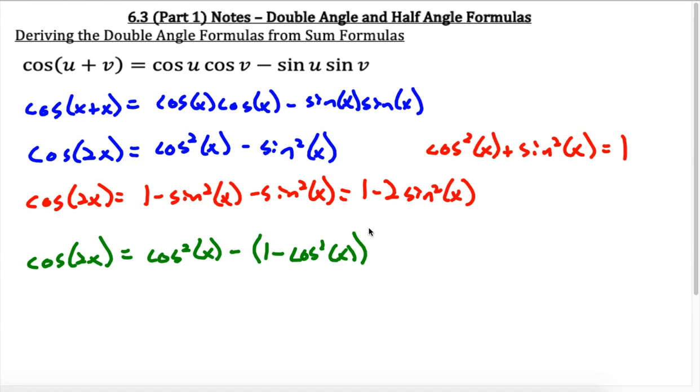So here, this would simplify to, I've got a double negative here. So this is actually cosine squared plus cosine squared. So 2 cosine squared minus 1. So these are all three different forms of the double angle formula for cosine.